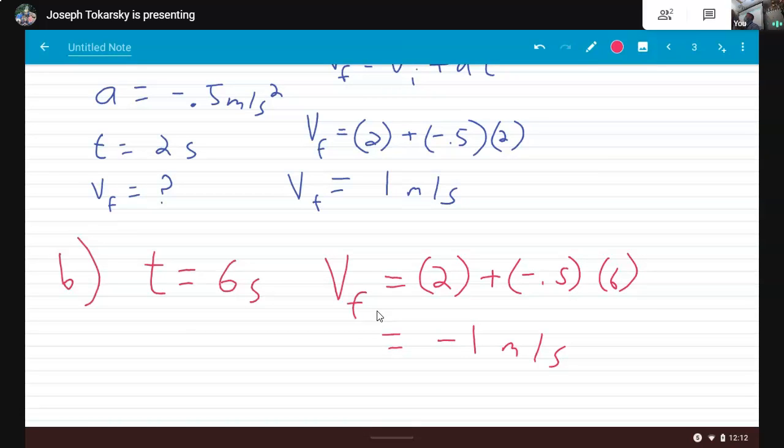Because before it turns around, for a moment it has to stop, doesn't it? If we're ever asked how long it took till it stopped before it came back down, we would set VF equal to what? Yeah, 0, because it would have to stop for a second. And then based on those values, if asked, we could find how long it took to get to that turning point.